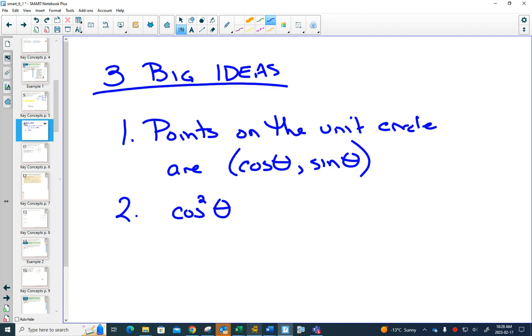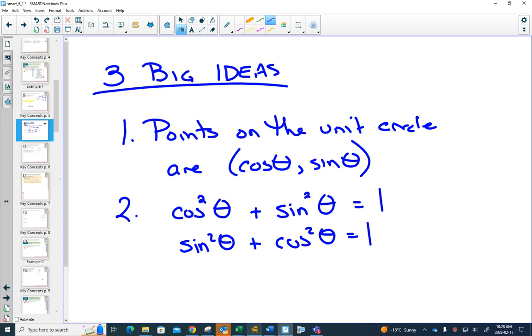We put the squared in between the cos and the theta. And y is sine, so y squared would be sine squared equals 1. On your formula sheet, they write it like this. Same thing. Sine squared plus cos squared is equal to 1.